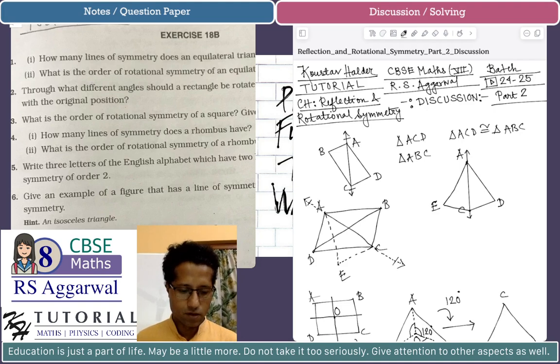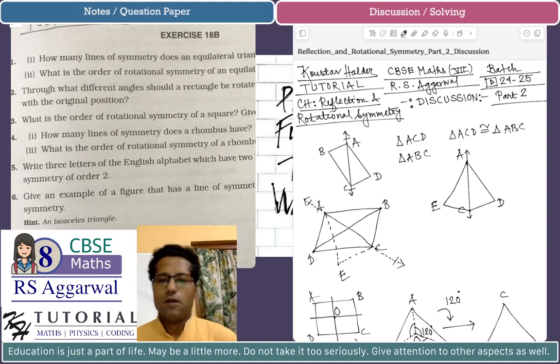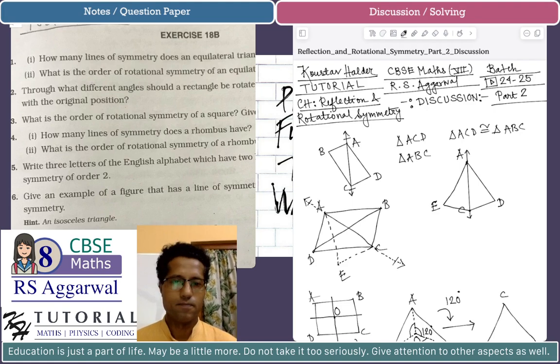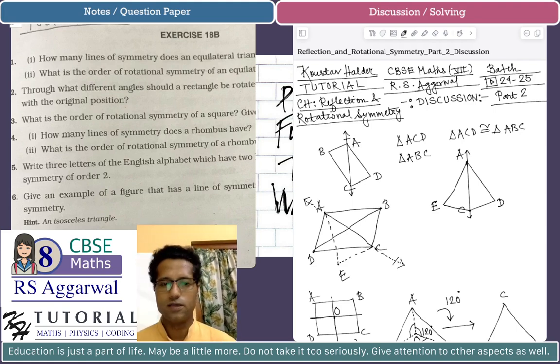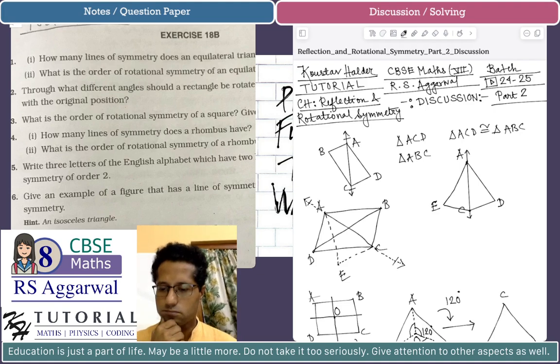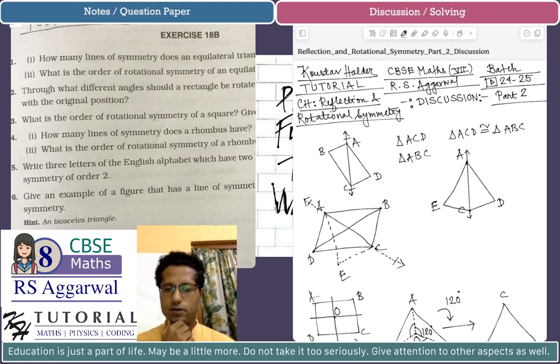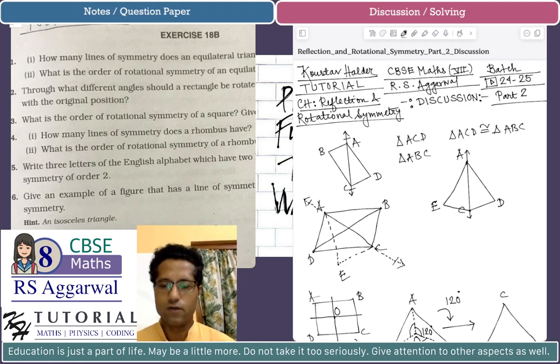So in the next video I will start three-dimensional shapes, but before that I will try to make two practice test papers, as I always do for every chapter. So I will try to make if not two, then at least one practice test paper that will be kind of MCQ questions, 10 to 15 MCQ questions that you need to solve in 45 minutes or 1 hour.